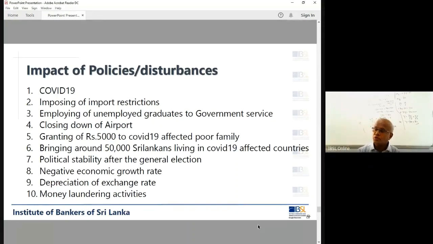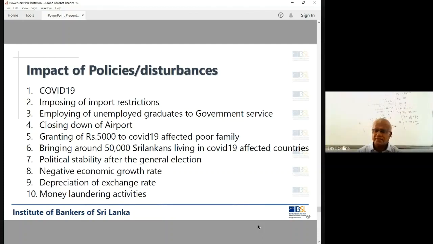When more and more imported items are coming into the country, with unnecessary draining of foreign exchange, the demand for dollars goes up and the exchange rate depreciates. Why is that? Because people want to bring so many unnecessary imports. At the same time, foreign investors who have purchased government treasury bills and treasury bonds, if they want to take out their money, ask for dollars. Dollars are going out. That is the thing, right?